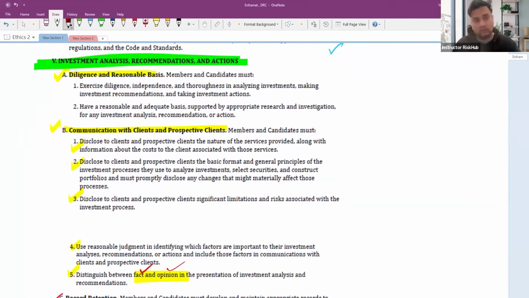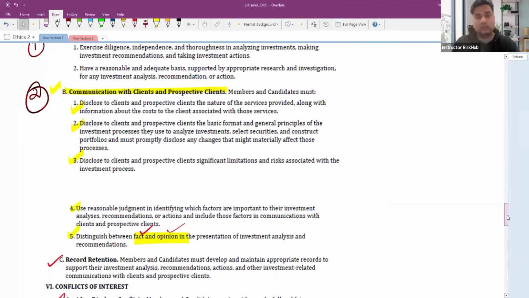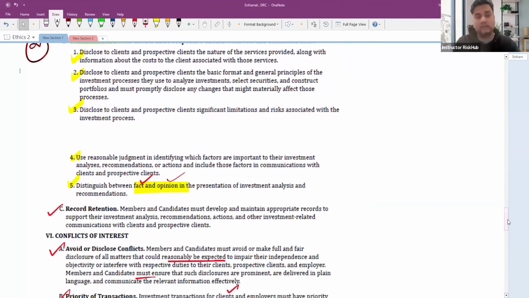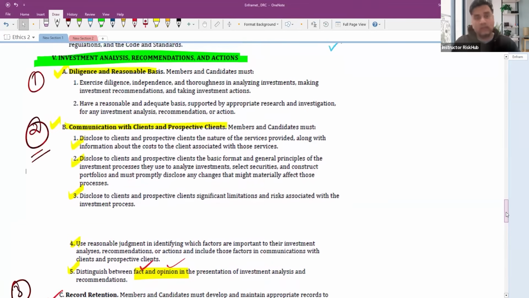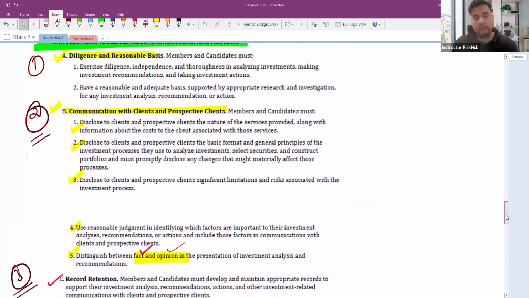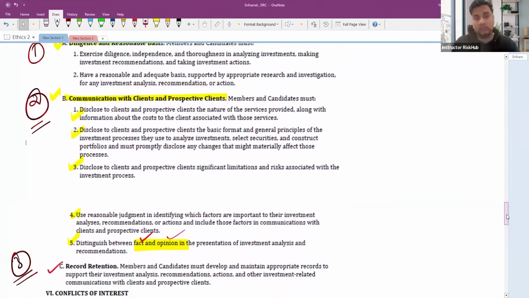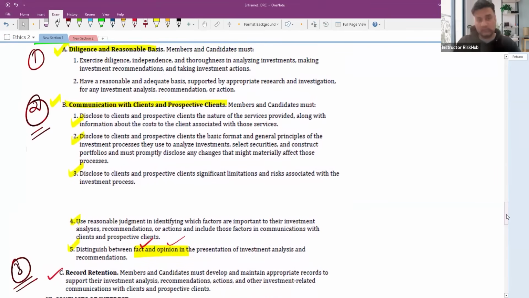The diligence and reasonable basis is one thing. Your communication with clients and prospective clients is the second thing. Your record keeping is the third thing. And inside those three things, there is a factor of opinion.